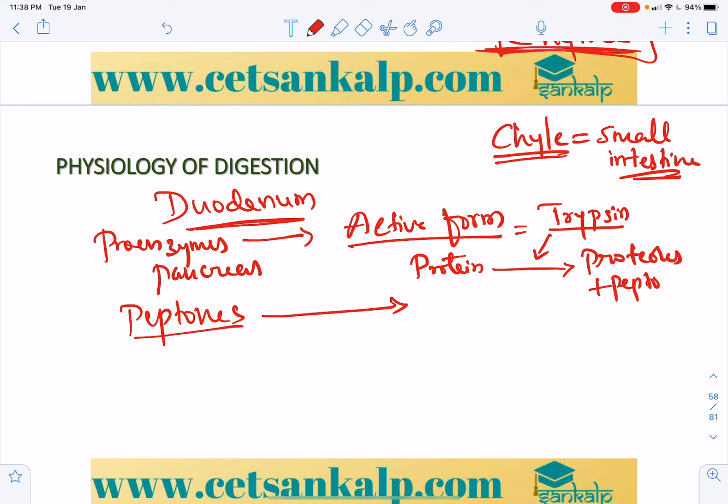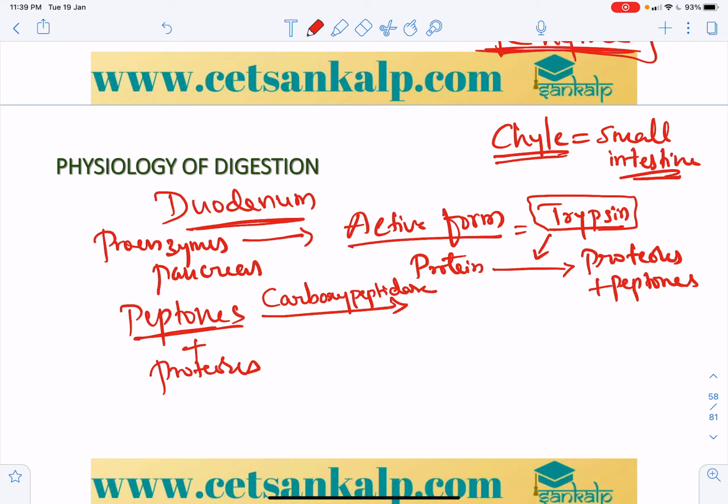And on peptones and proteoses, very important, is carboxypeptidase, which we are all familiar with. Procarboxypeptidase is converted into carboxypeptidase in the presence of trypsin.